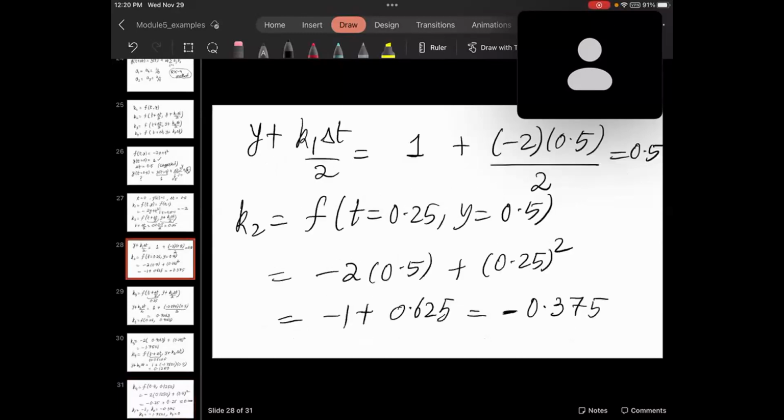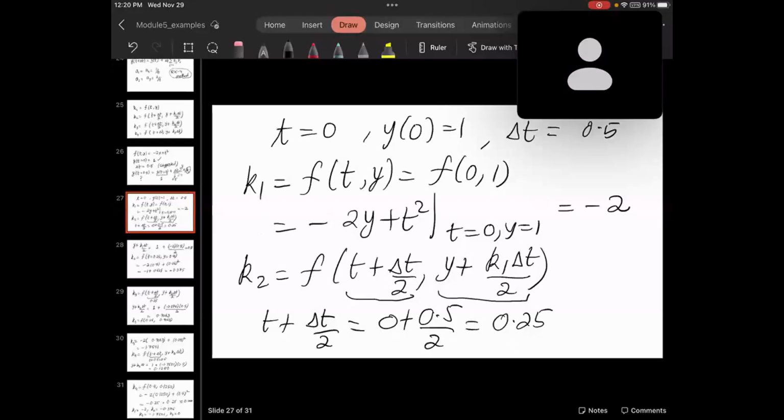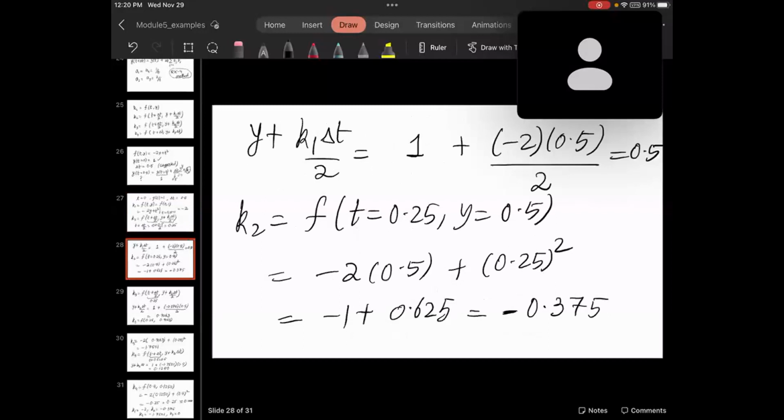Let's check K2. K2 has to be evaluated at t plus delta t divided by 2, that is 0.25, and y plus k1 times delta t divided by 2. What did I do here? 1 plus k1 multiplied by delta t divided by 2. So I am getting 0.5.